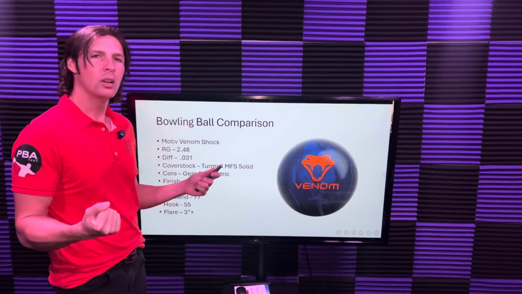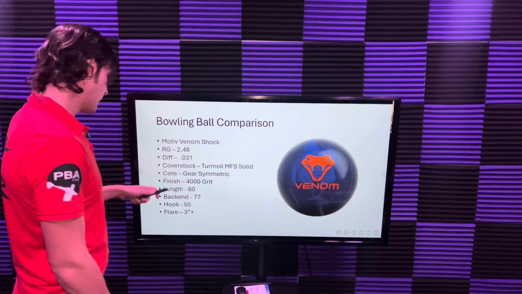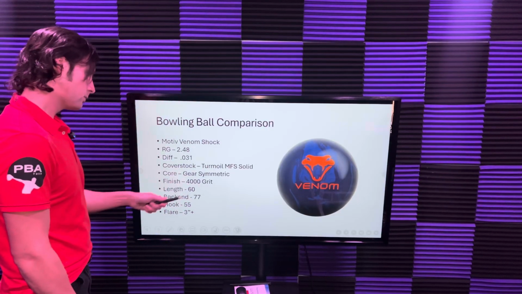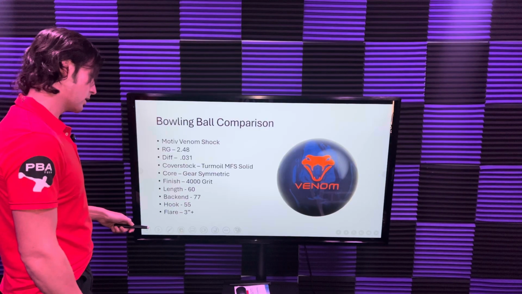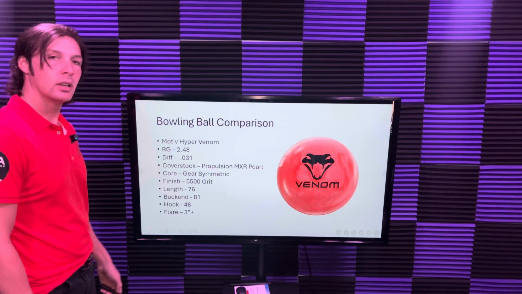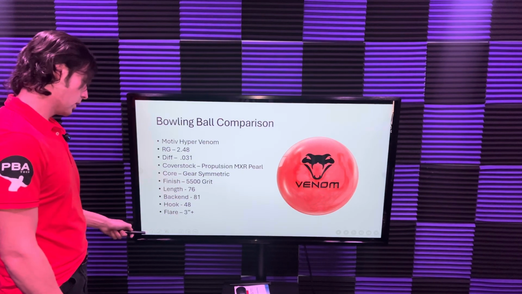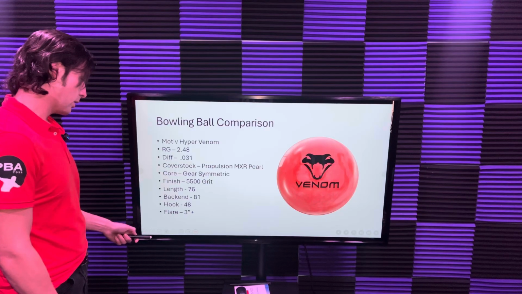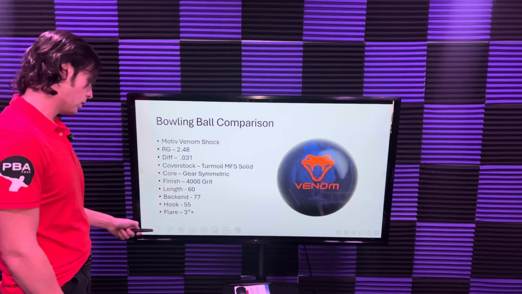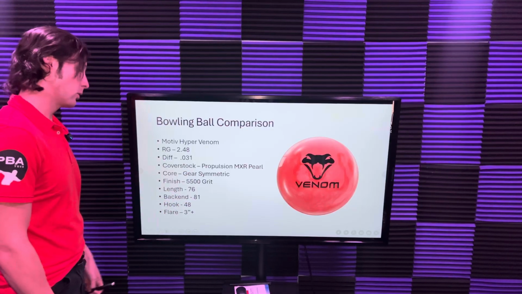And so you have to see that. You have to know what the difference is, and should I get this bowling ball or not. The finish on the Venom Shock is a 4000 grit, whereas on the Hyper Venom it's a 5500 grit. So Venom Shock 4000 grit, Hyper Venom 5500 grit.